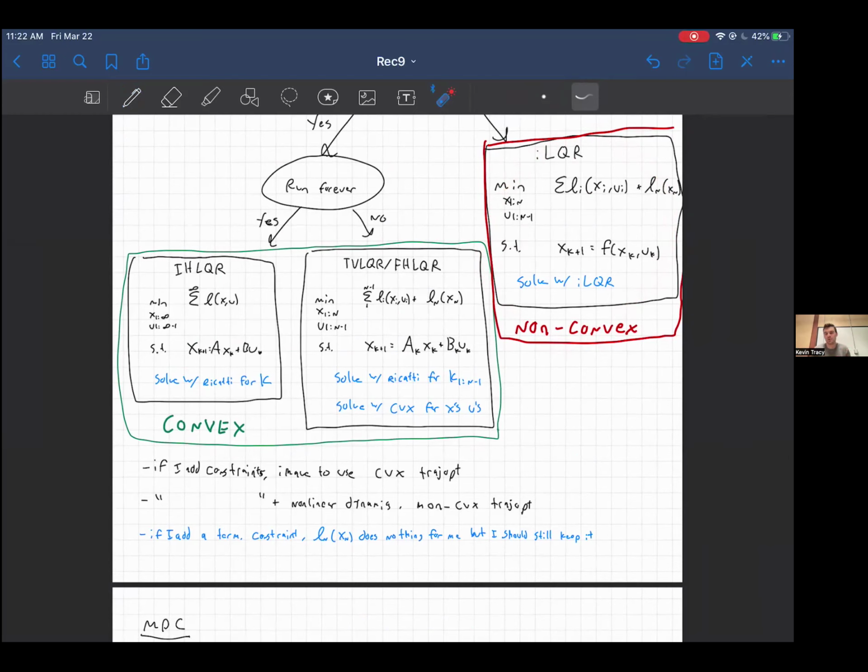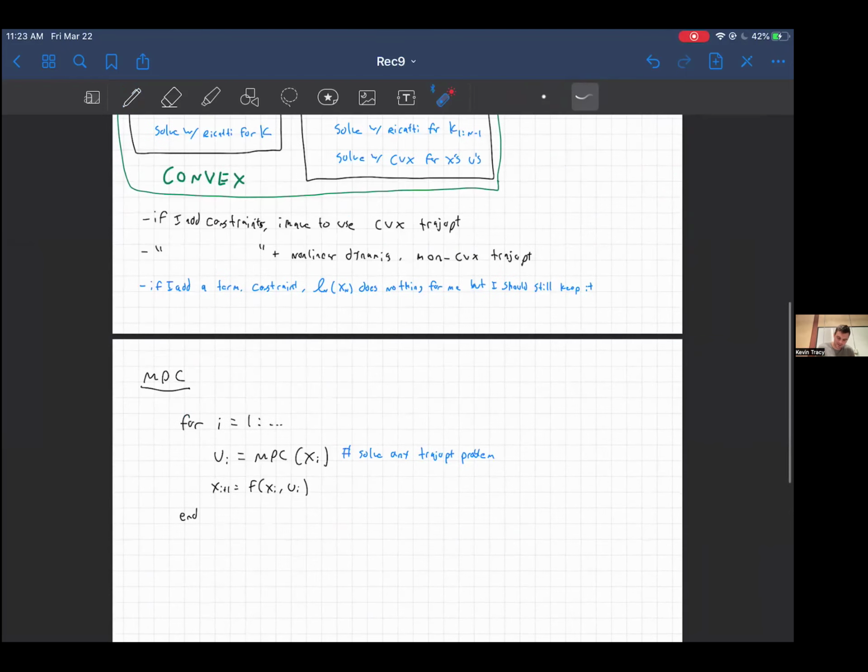There are also people who solve direct collocation problems as an MPC thing, which is a little more tricky to pull off, I guess, in terms of the software difficulty. But yes, people do in fact solve crazy non-convex stuff at this time step right here. Boston Dynamics for Atlas locomotion, they are solving a version of a non-convex problem at every time step.